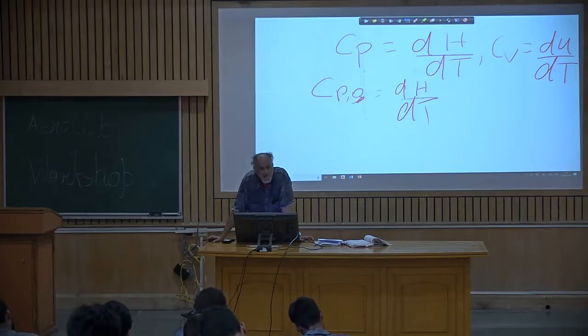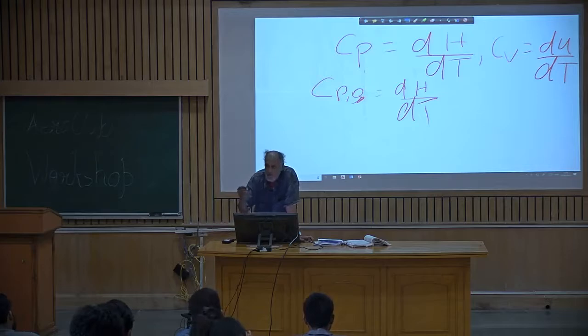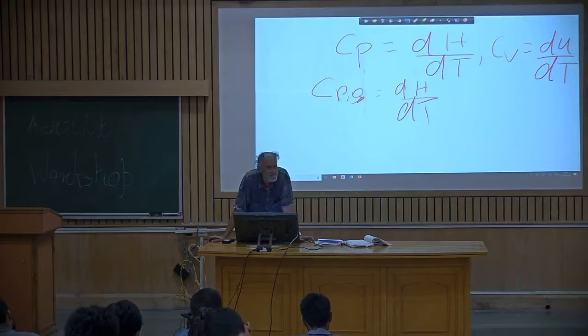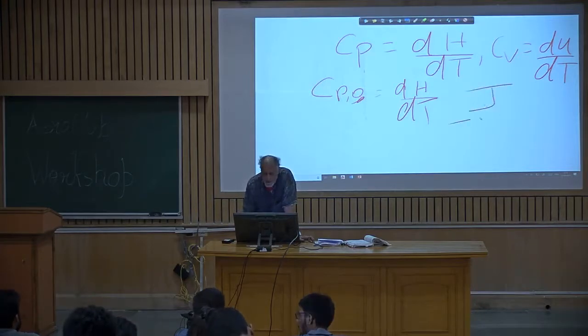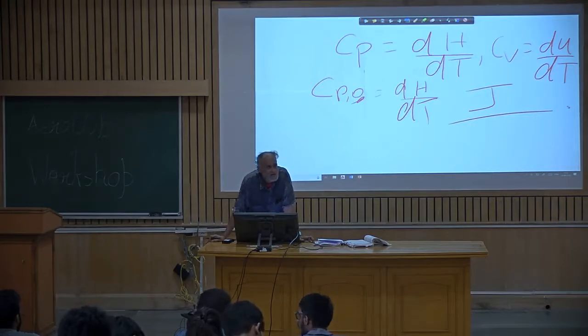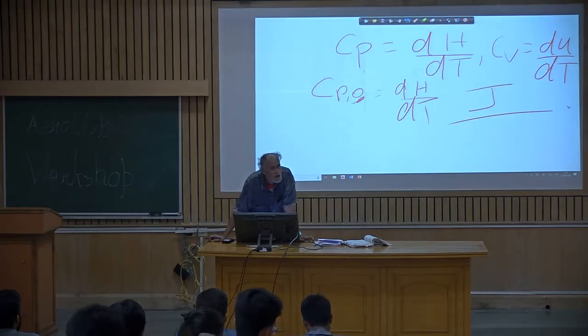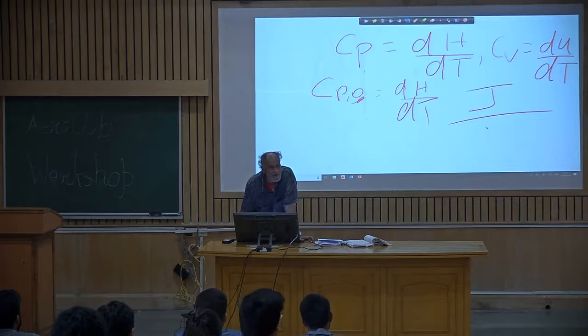So if mass is given, what will you do? Now if the mass is also given, you know the units of heat capacity, one more time? Quickly. Don't trip over these things. It's the entropy units. Joule per Kelvin. Is it an intensive property or extensive property?